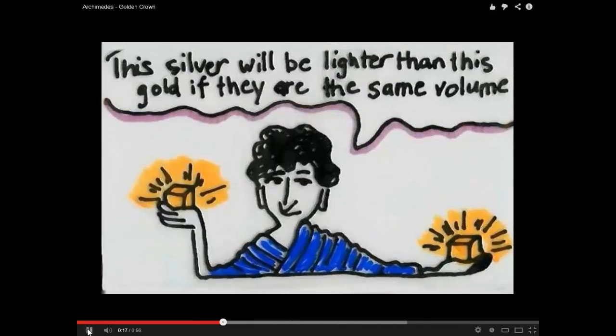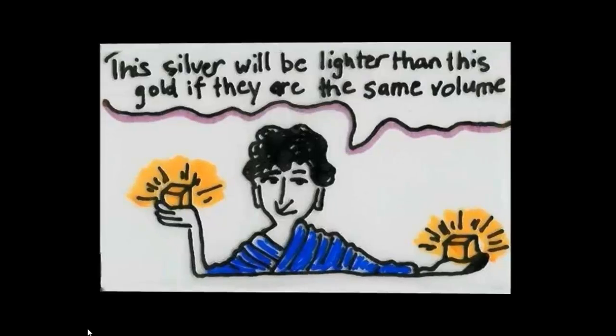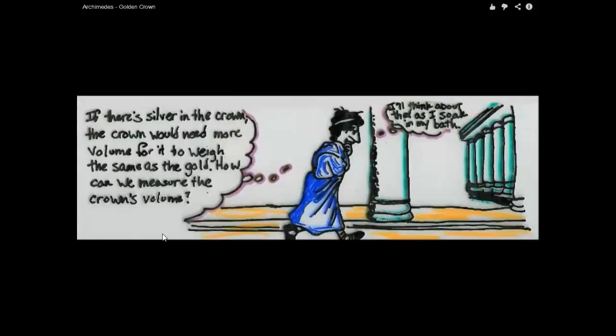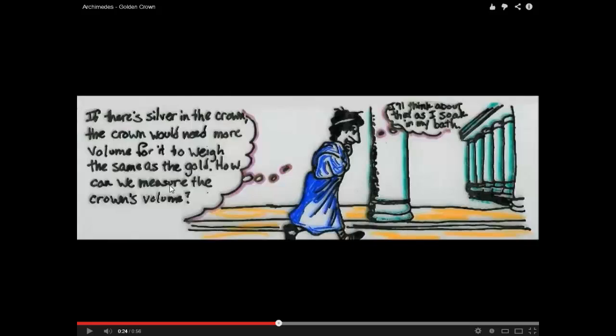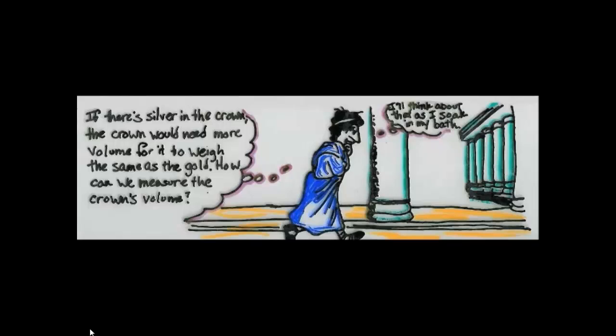So if it was partly silver, it would be lighter if they had the same volume. So Archimedes was trying to figure out, how could I measure the volume of a crown, an irregular shaped object, without melting it down, of course, and ruining the crown? So he was thinking about this, and he said, well, you know, I'll think about this in the bathtub.